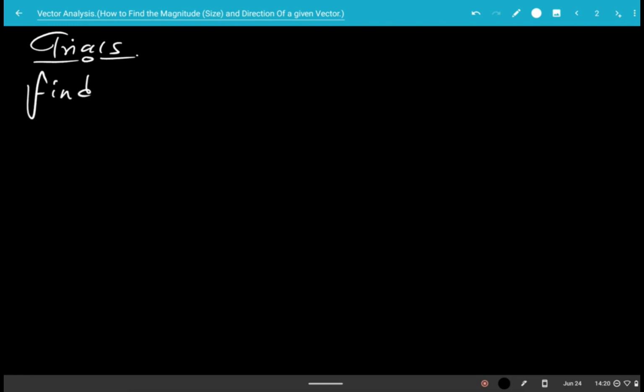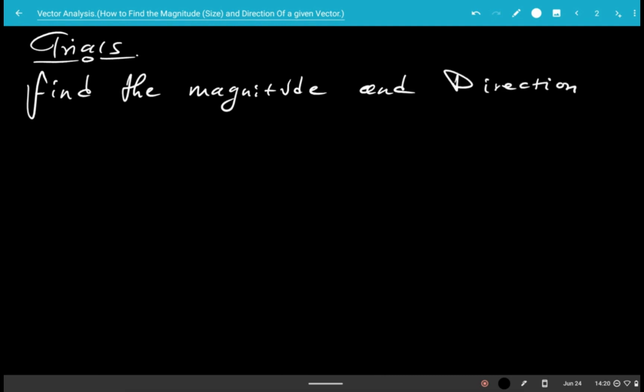say we're being told to find the magnitude and direction of the following vectors.